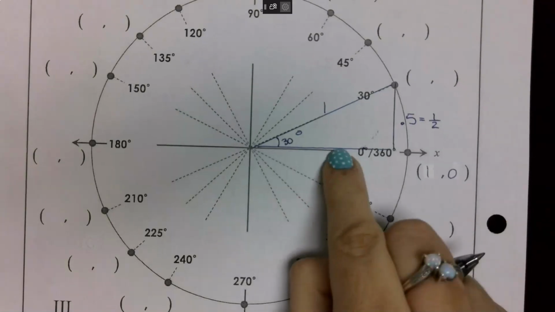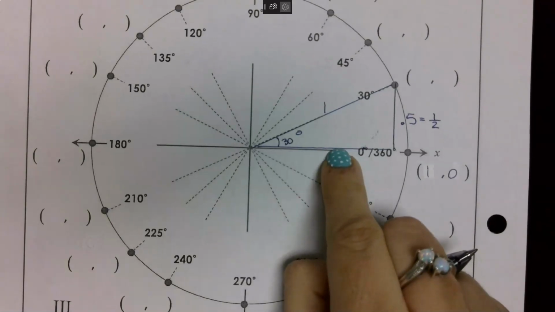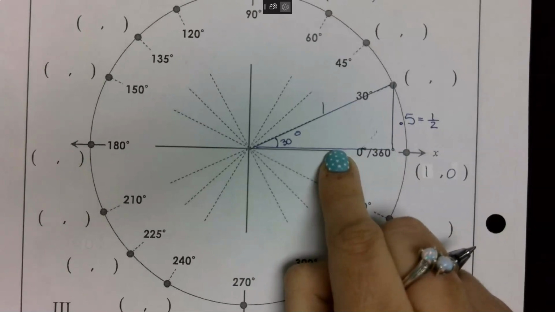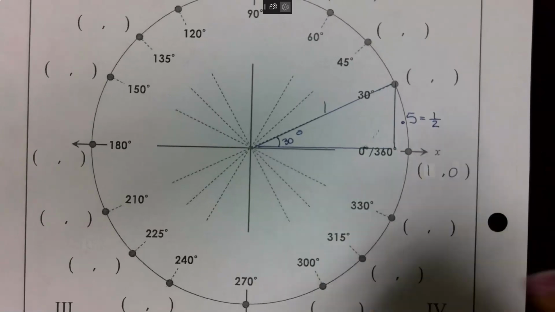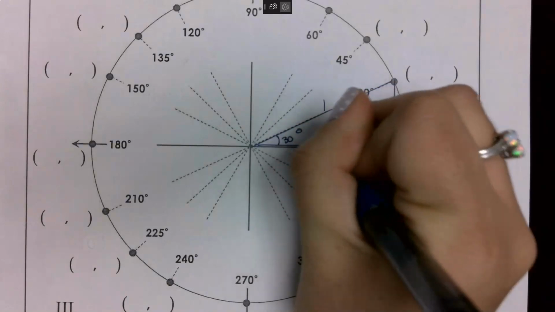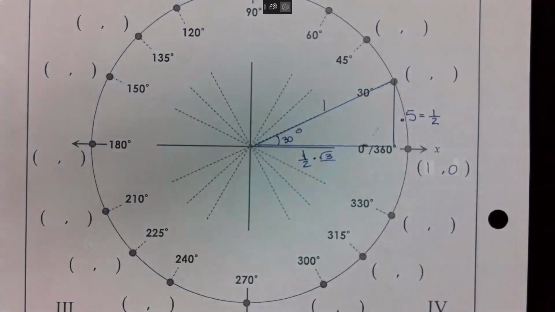Okay, what is the value of this line right here going to be? Look back at your notes for the 30, 60, 90. Square root of 3 times the 1/2, right?